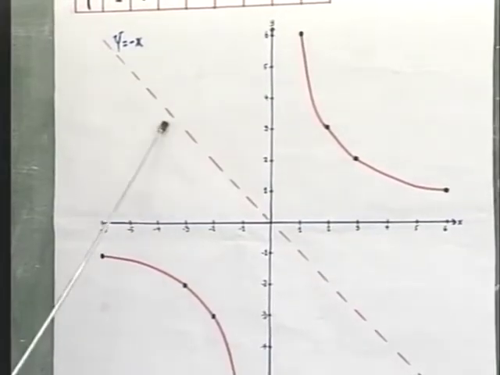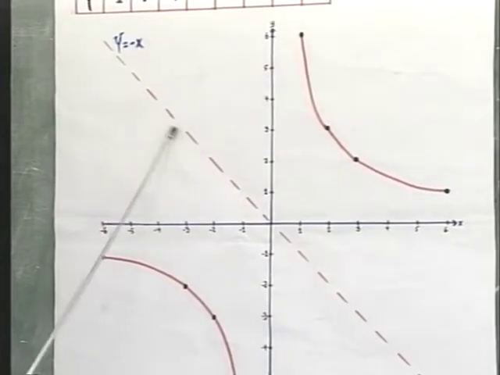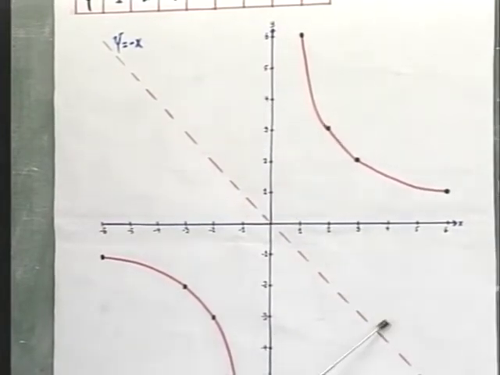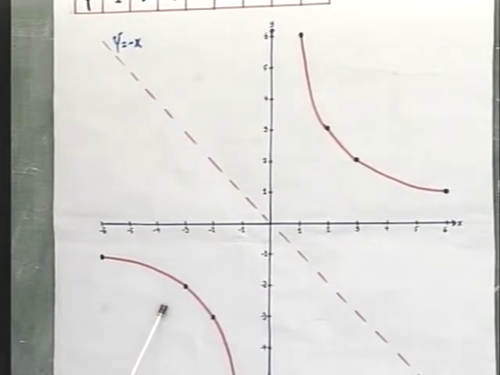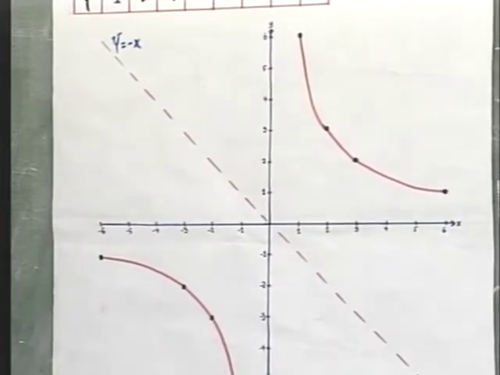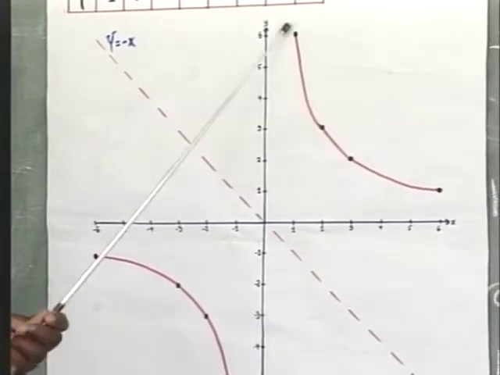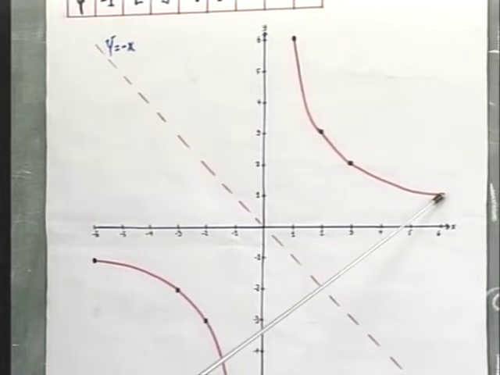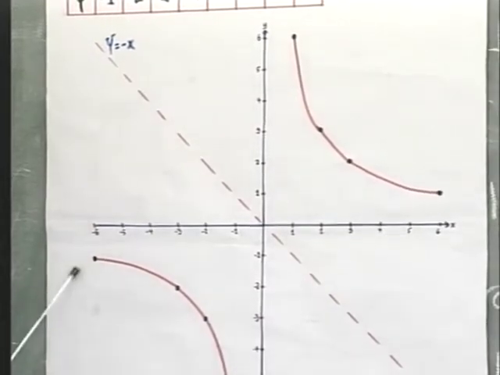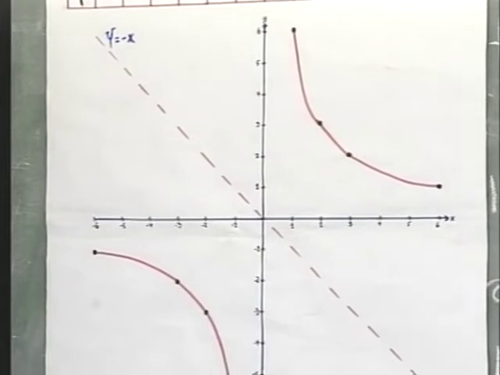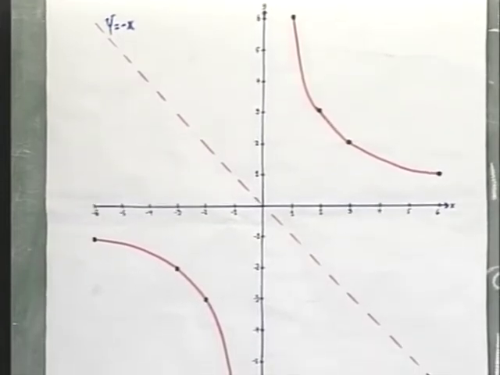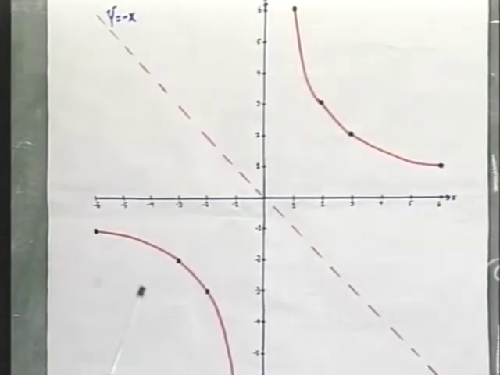This is usually called quadrant number 1 on this side, quadrant number 2, quadrant number 3, and quadrant number 4. So if you plot y equals 6 on x, you will get a curve here in the second quadrant and a curve here in the fourth quadrant. 1, 2, 3, and 4.